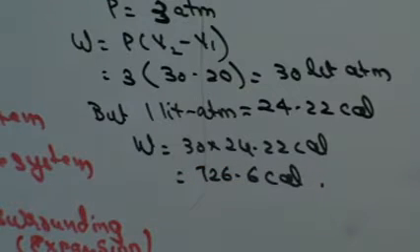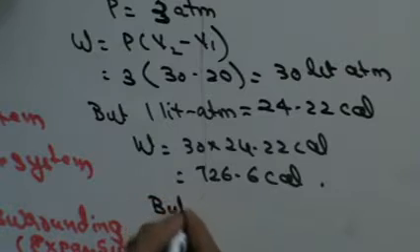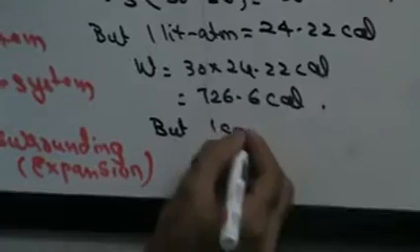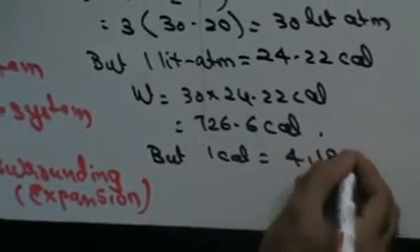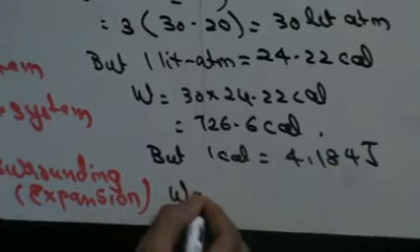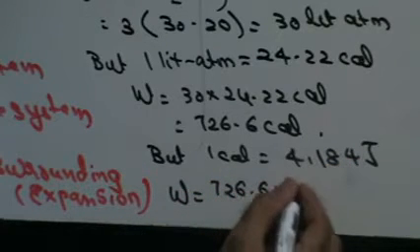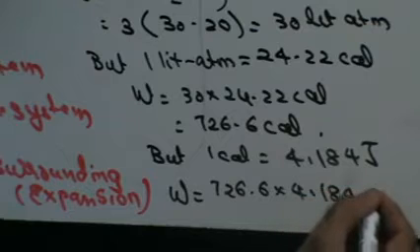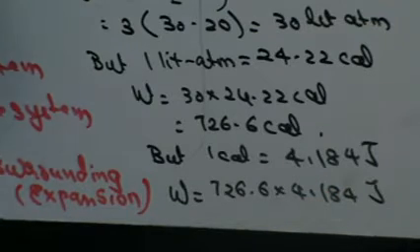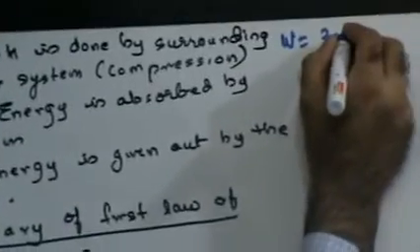Once I have it in calories, I can convert it into joules. 1 calorie is 4.184 joules. Therefore work is 726.6 into 4.184 joules. When you simplify this, work is 3040.09 joules. So I found out work.